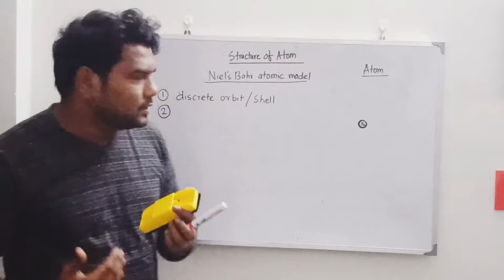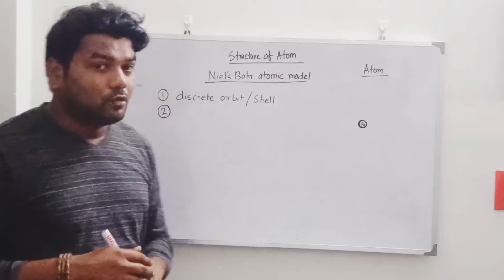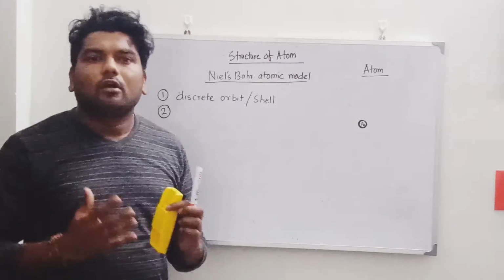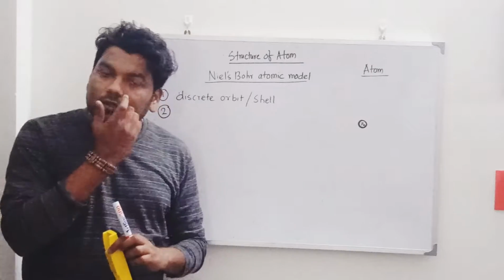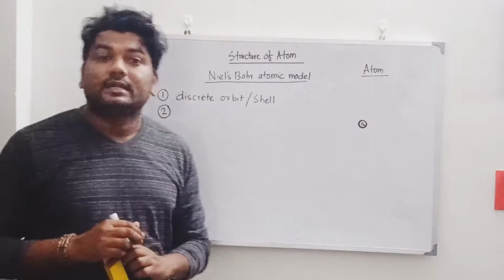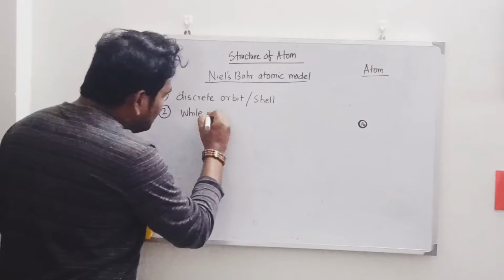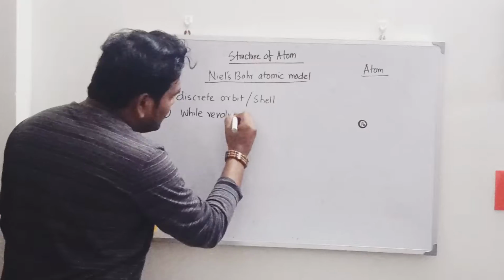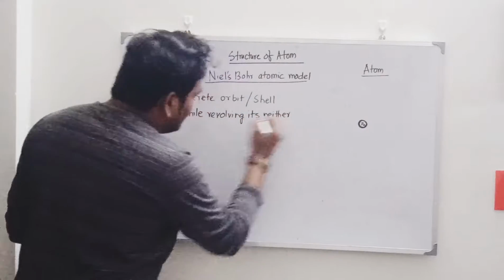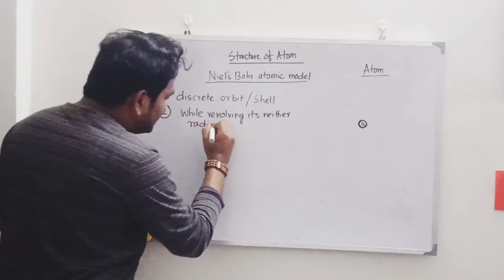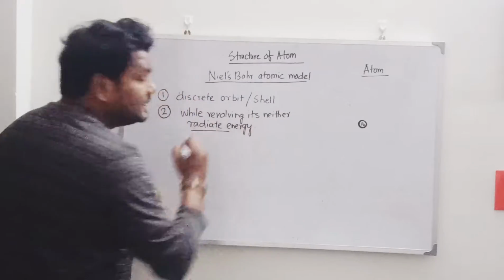So according to Niels Bohr's atomic model, he proposed that there is a discrete number of shells or orbits, and while revolving in a particular shell or orbit, the electron neither radiates energy.